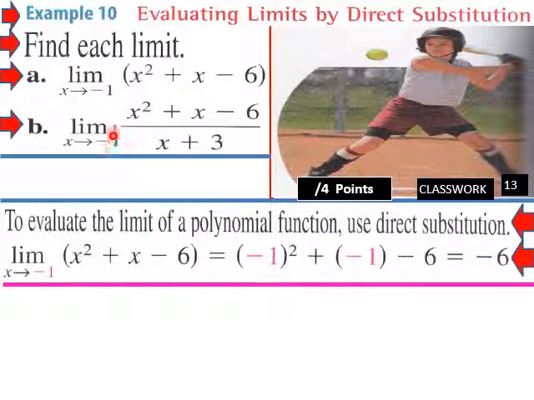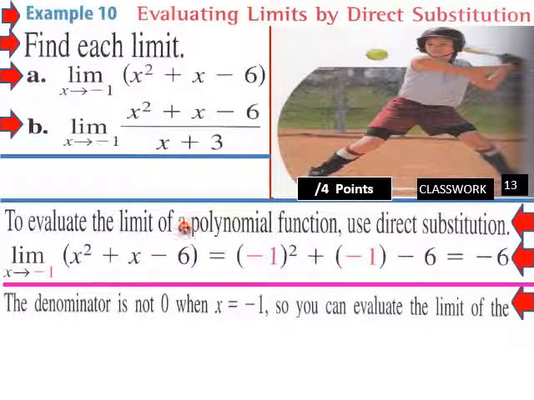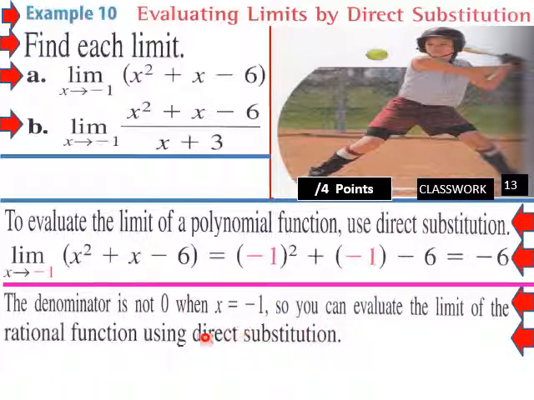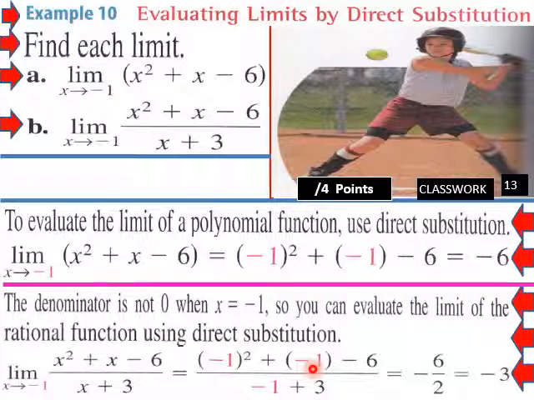And then for B here, we have as x approaches -1 for x squared plus x minus 6 over x plus 3. The denominator is not 0 when x equals -1, so you can evaluate the limit of the rational function using direct substitution. So when we substitute in, we end up with -6 over 2 or -3 for B.